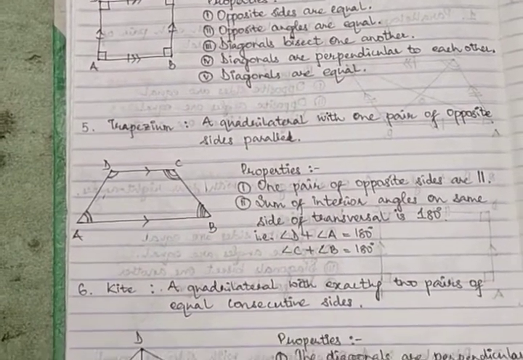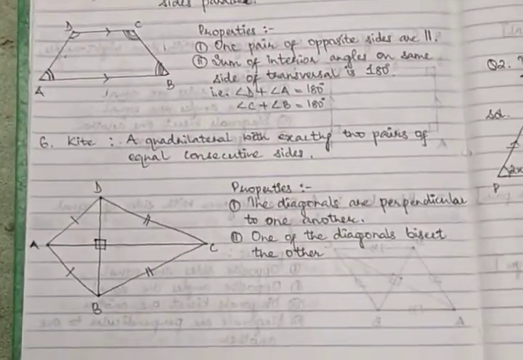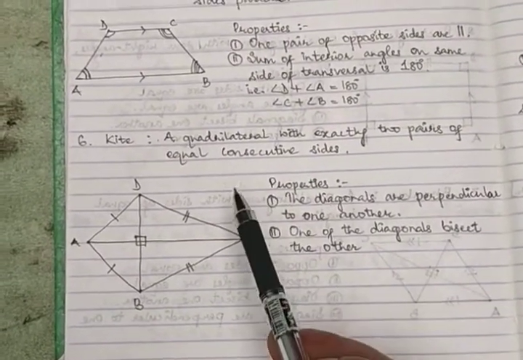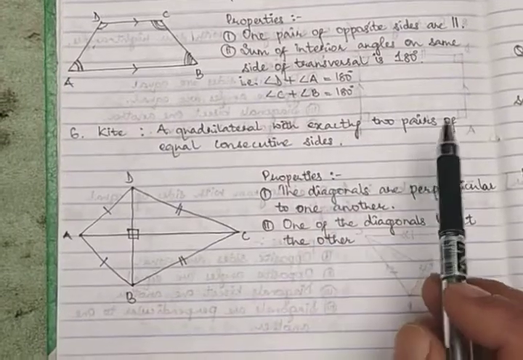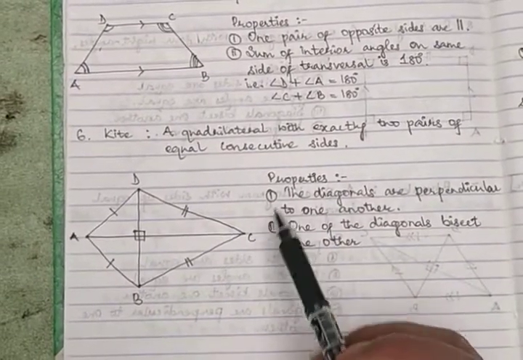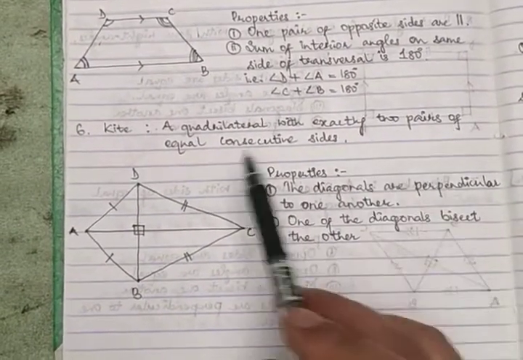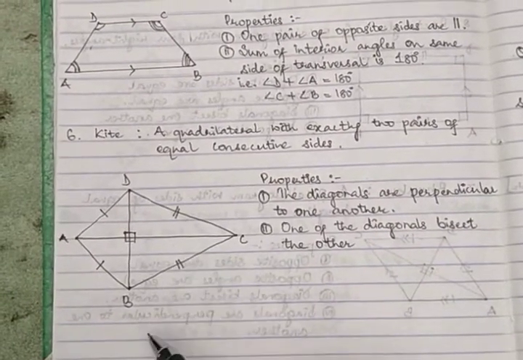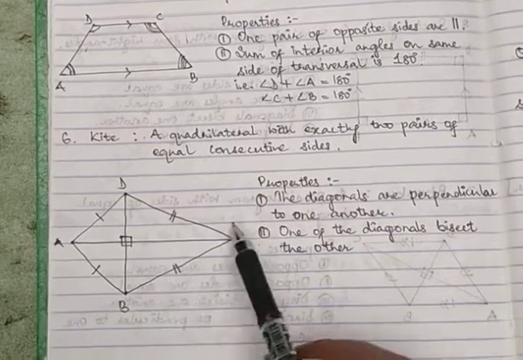Okay. So now, the last type of quadrilateral, that's a kite. A quadrilateral with exactly two pairs of equal consecutive sides. Now you can simply see, by looking at the figure and the markings on the figure, ABCD is a quadrilateral.